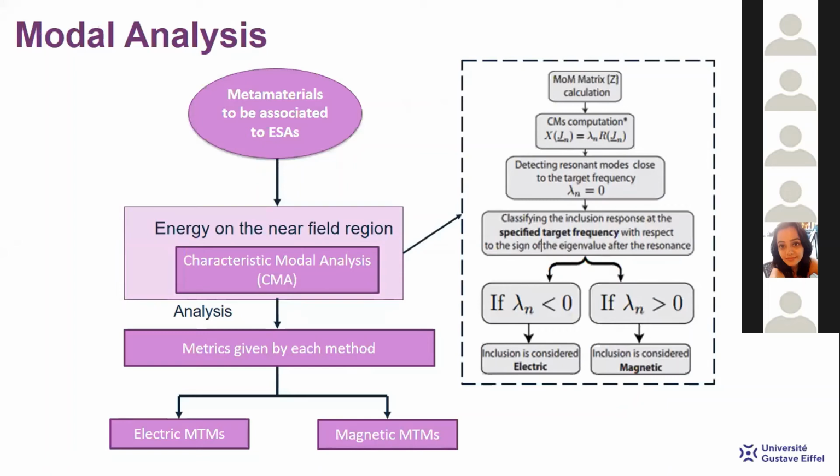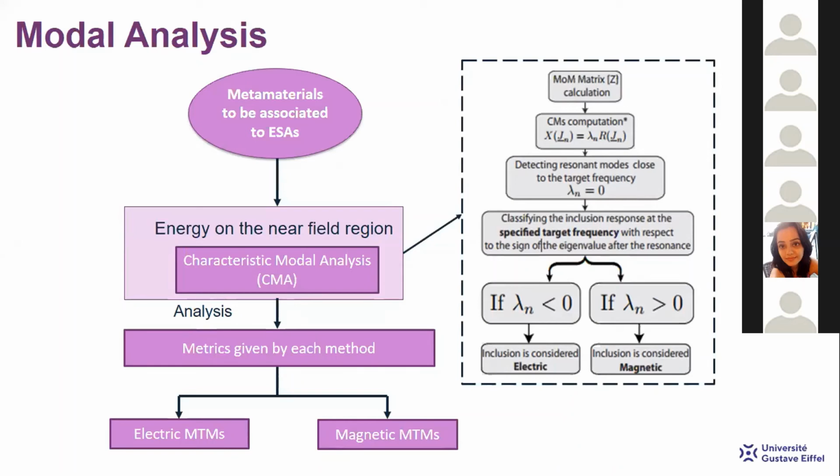Thanks to CMA, we can differentiate the type of metamaterial, whether it is electric or magnetic. So first of all, we need to analyze the metamaterial using CMA, of course. And in the near field region, we will analyze the behavior of this inclusion.